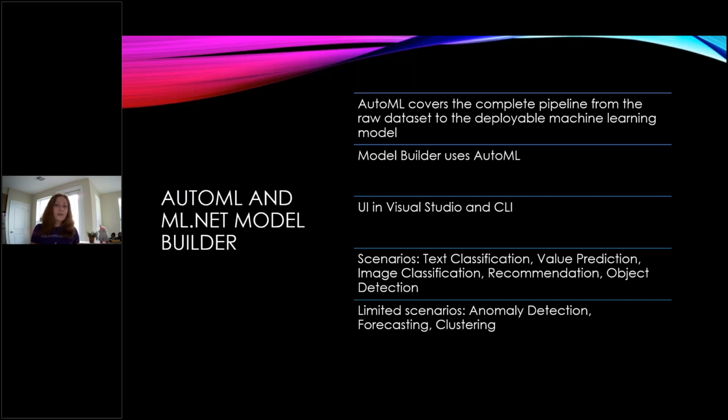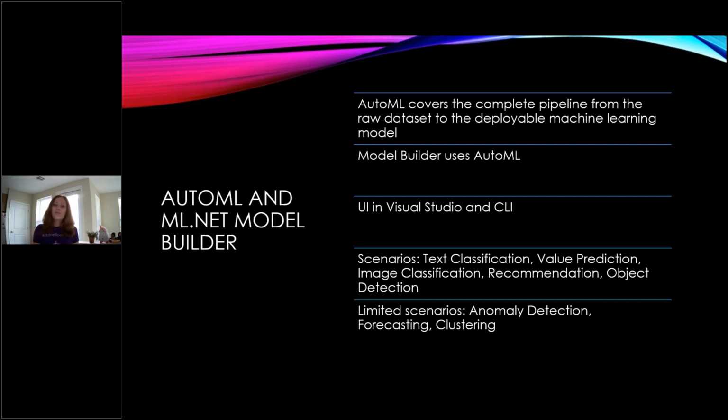And then Model Builder supports not all the scenarios that ML.NET supports, but I think the main ones are supported there, like text classification, value prediction, image classification, recommendation, and object detection.